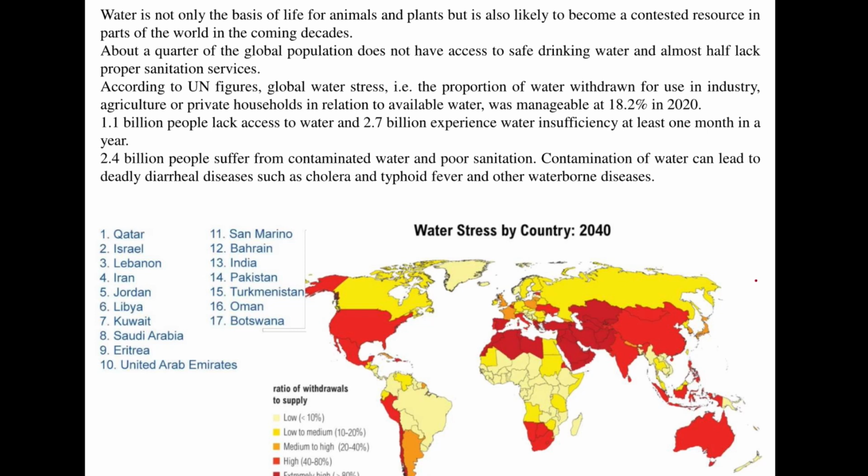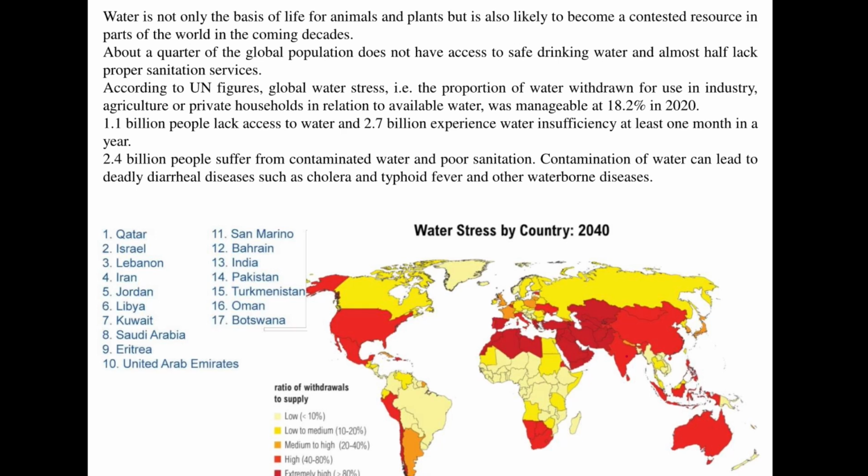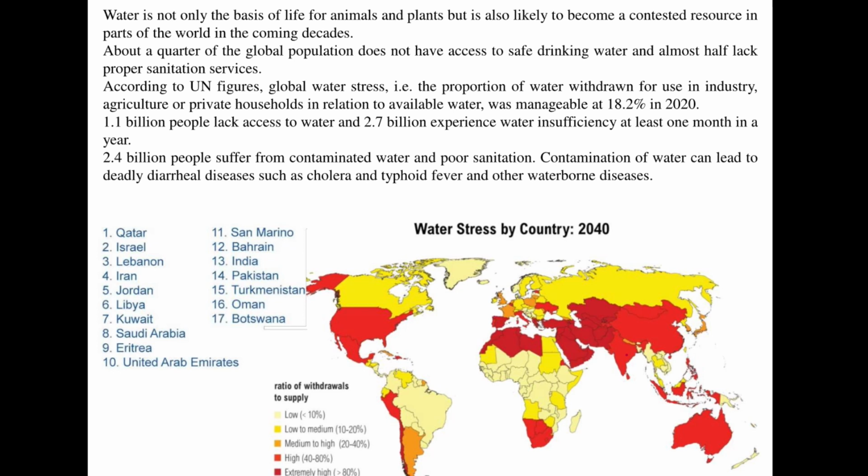And here you can see the water stress by country by 2040, from the higher withdrawal ratio to the lower one. The extremely high levels you can find in African and Asian countries, as well as Gulf countries, including Qatar, Israel, and Lebanon.